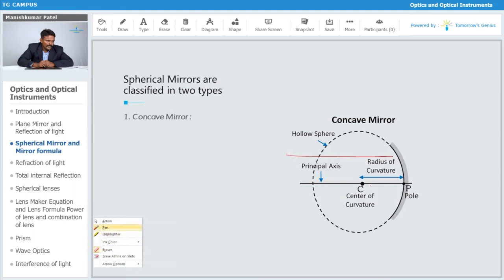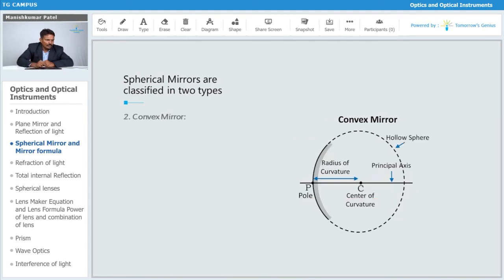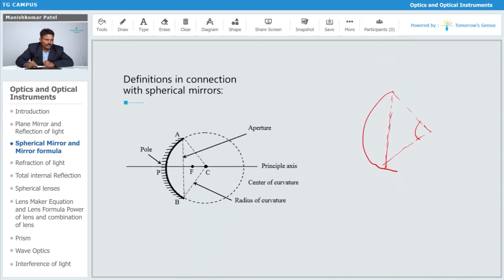So let's say, for example, I will just show it over here. This is your principal focus, and this is called capital F. This is the point at which all the rays converge.